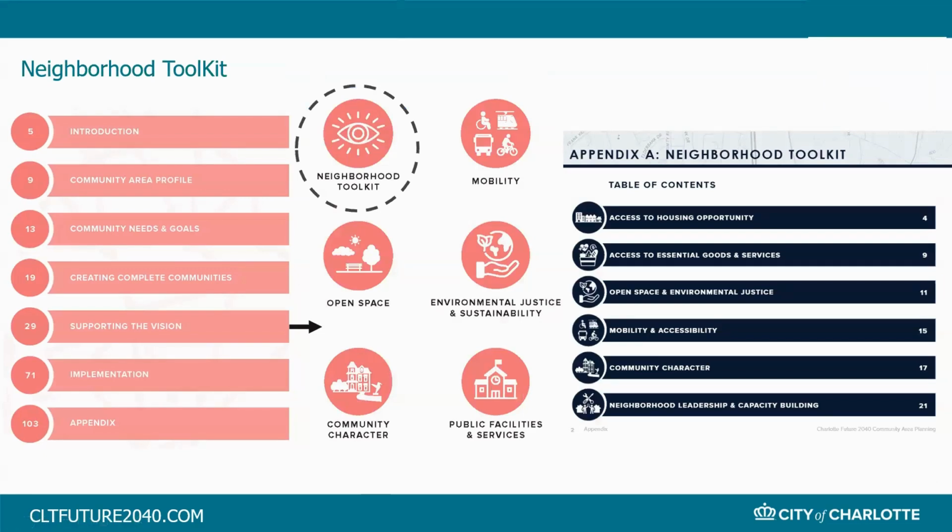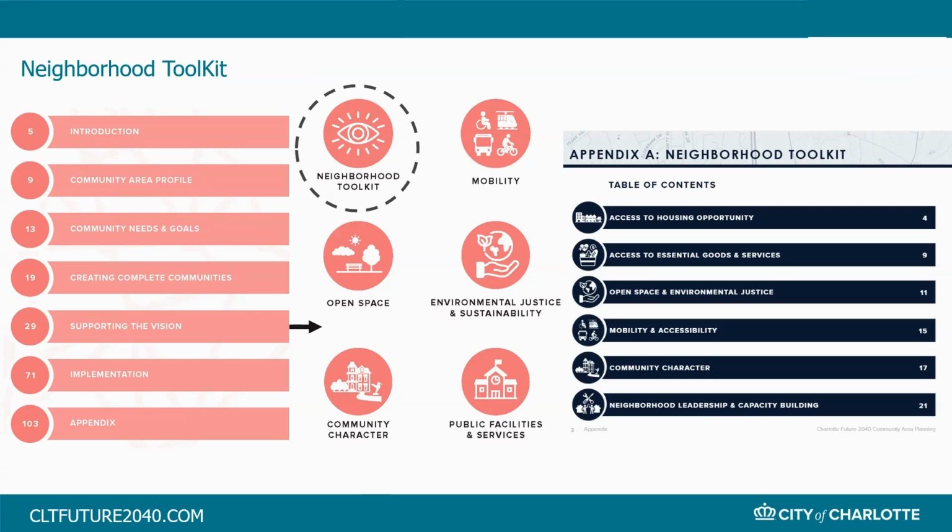Chapter 5, Supporting the Vision, includes 5 sections and references the Neighborhood Toolkit. The Neighborhood Toolkit is intended to ensure that all residents are aware of the great programs that are currently available to them to address their needs.